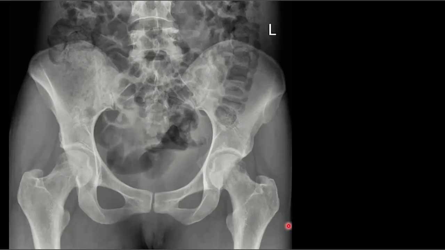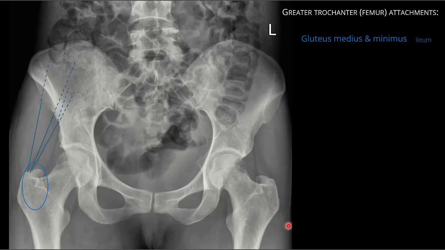Moving down to muscle attachments to the greater trochanter on the proximal femur, starting out with the gluteus medius and minimus muscles. These function to abduct the thigh and internally rotate. The remainder of the muscles will be external rotators.